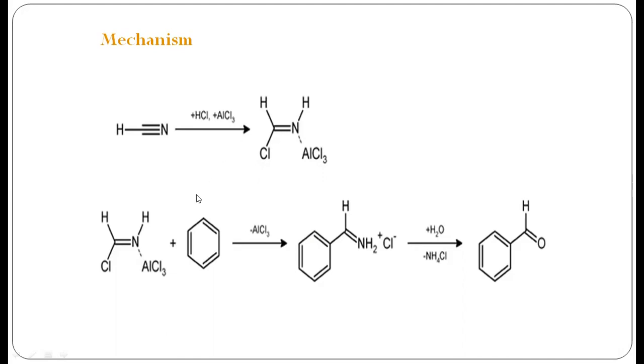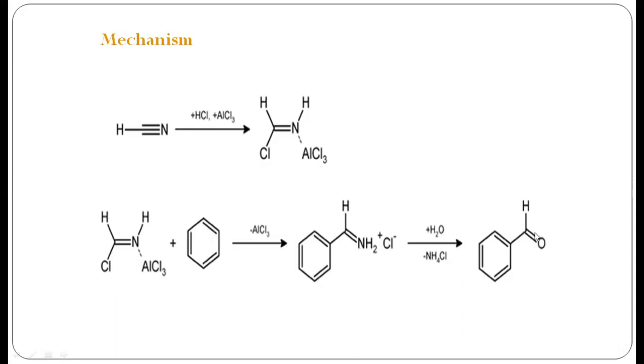In the next step, this imine compound reacts with benzene, or here phenol, which we can also take, in the presence of AlCl3. One of the pi bonding electron pairs shifts to this carbon, and simultaneously the Cl group is eliminated. On further hydrolysis of this imine group, the group is eliminated and oxygen is substituted here.